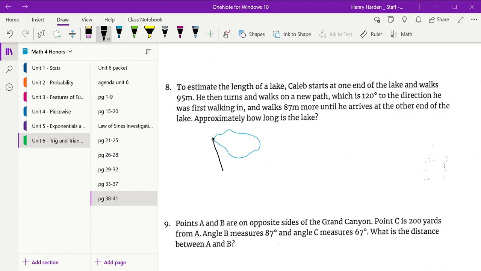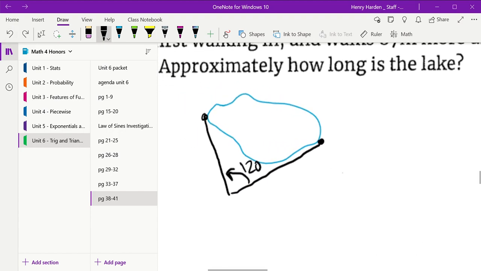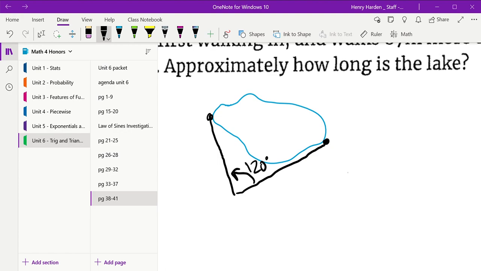He then turns and walks a new path, which is 120 degrees to the direction that he was first walking in. Okay, so this is 120 degrees in that direction that he started in.